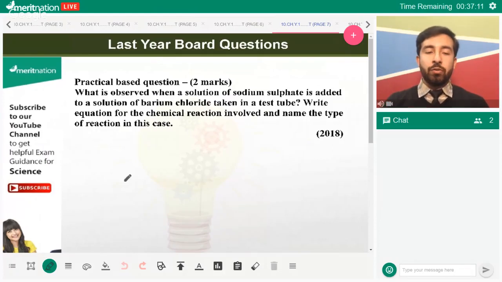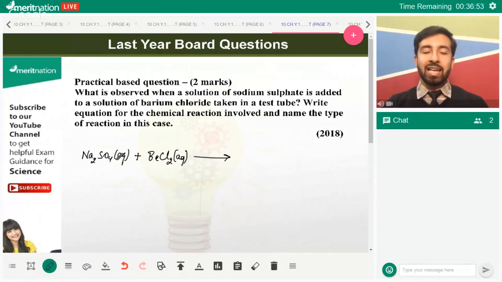So here we have a solution of sodium sulfate, that is Na2SO4. Since it is a solution, we'll write aqueous in the brackets to mention its state. Along with it, we have barium chloride, BaCl2, which is also in aqueous form.